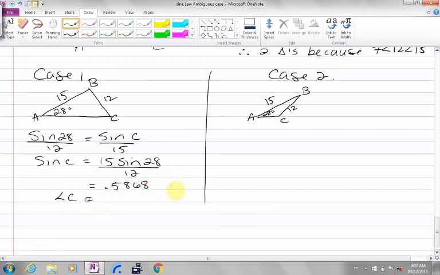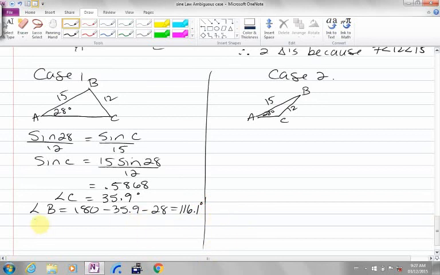So angle C works out to be 35.9 degrees, or 36. Okay? That means angle B is 180 minus 35.9 minus 28, which works out to be 116.1 degrees.